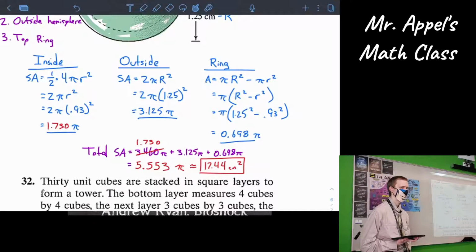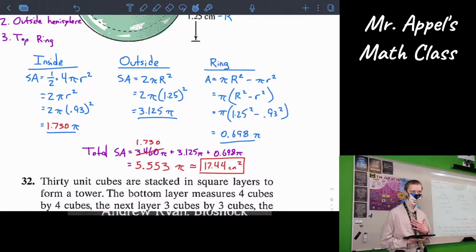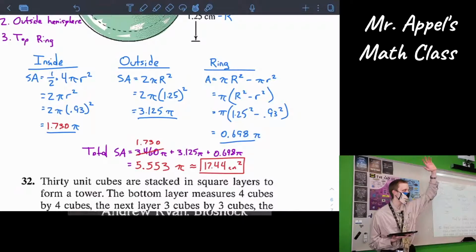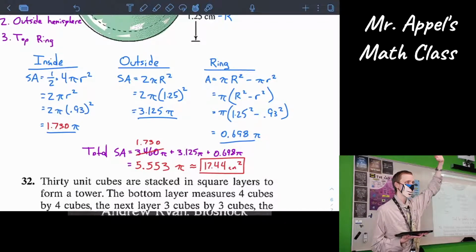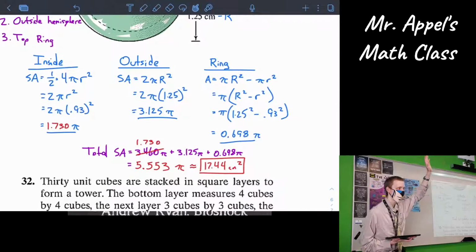Okay. I've hit all the major points I wanted to discuss with you. So if you would like to just start on the problem set now, we can do that. Or I have another example we could go through if you'd rather do that instead. So raise your hand if you just want to get started on the problem set. I just want to get my homework done as fast as possible. No?